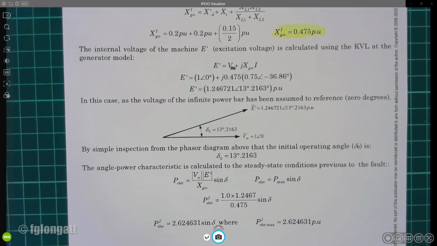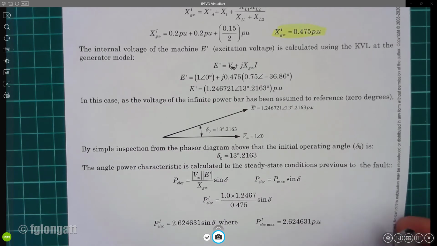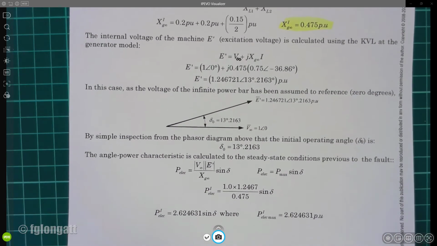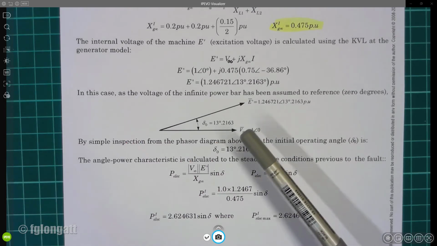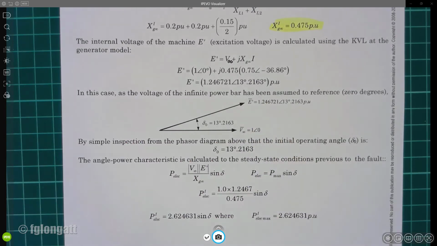Next step. The next step is I must define the equation that establishes the active power flow between the internal voltage of the generator and the infinity bus bar, okay? I need to define this equation because this is the power angle equation, and the power angle equation will tell me what is the maximum power transfer that I can have between the infinity bus bar and the internal voltage of this generator, okay?